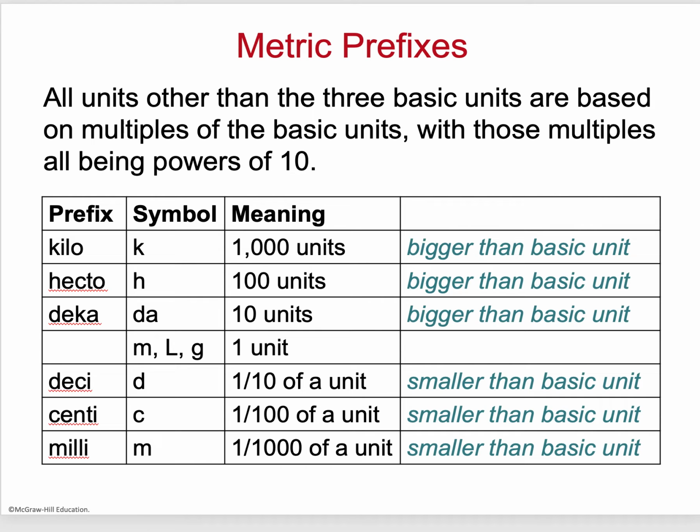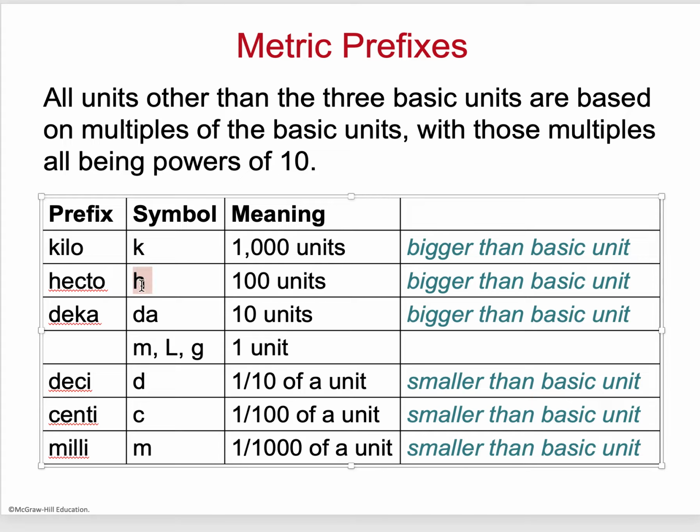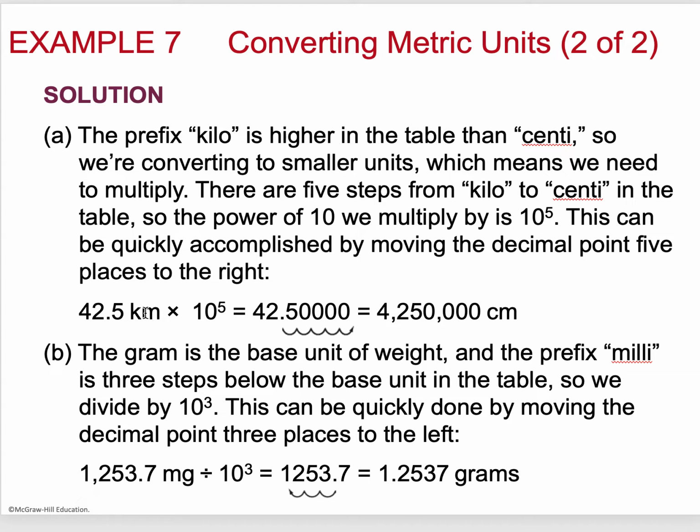What do I mean by 5 steps? So kilometer, 1, 2, 3, 4, 5. So that would be 10 to the 5th power is how the example does this.